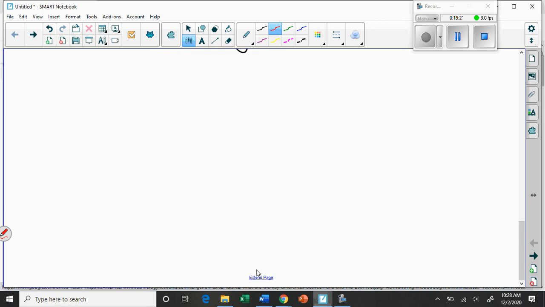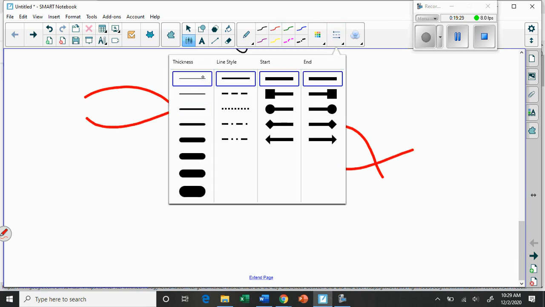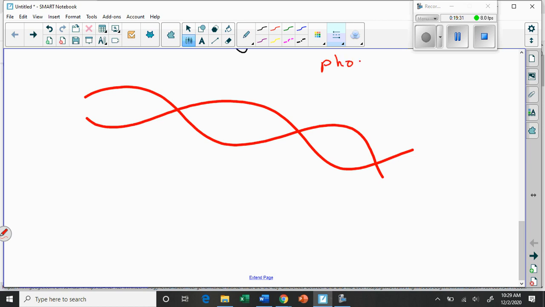Okay, so basically we could say, all right, let's draw this in like this. And this is the phosphate and sugar backbone. Backbone, right? And then in between, we have the bases, which we can draw.